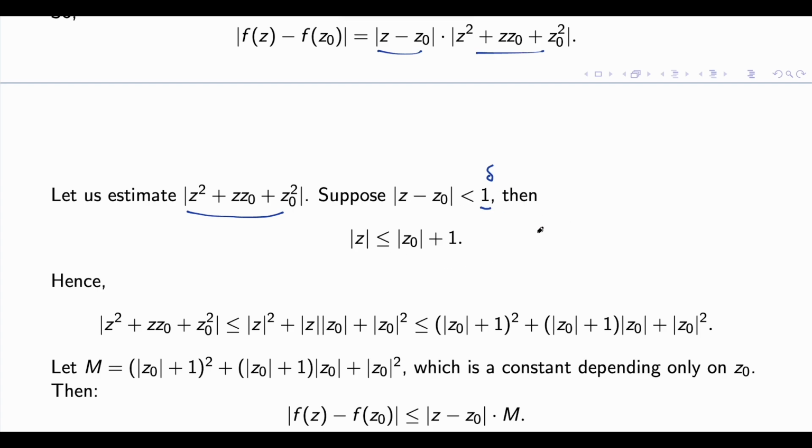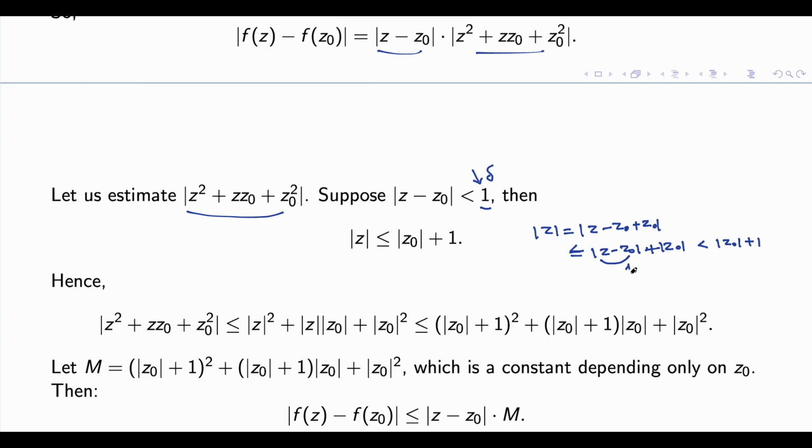So I can always write |z| as |z - z₀ + z₀|. Here I'm using the triangle inequality: |z - z₀| plus |z₀|, and this guy is less than 1, already given.